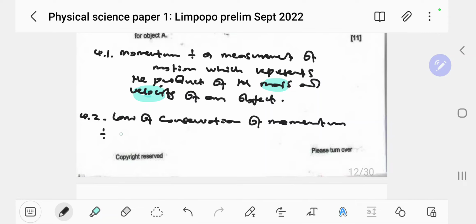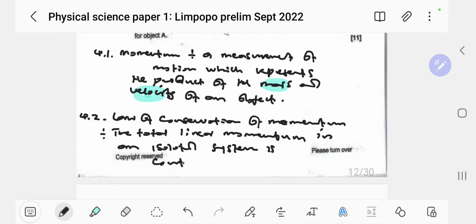So what do we know here? It states that the total linear momentum in an isolated system is constant, in both magnitude and direction.